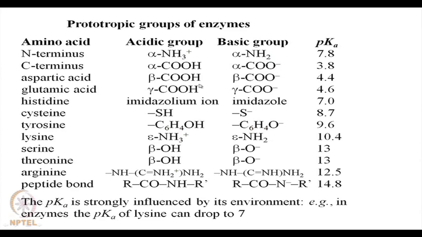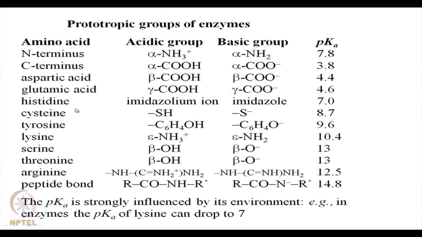Aspartic acid, beta COOH, is around 4.4. Glutamic acid is around 4.6, with the acidic group and the basic group.